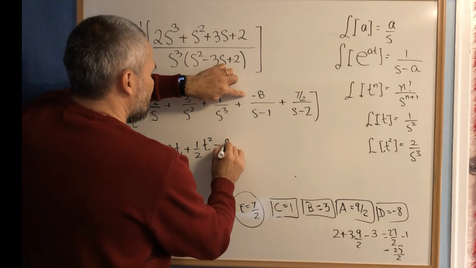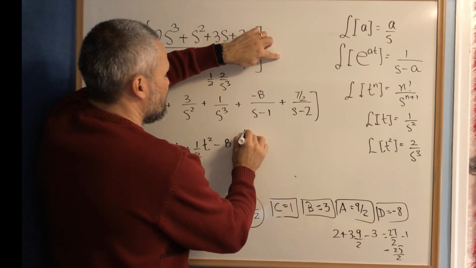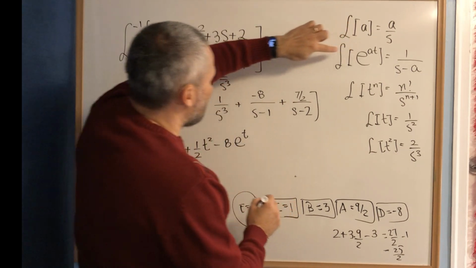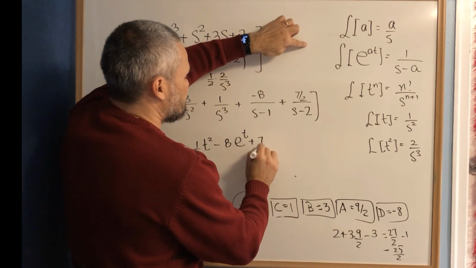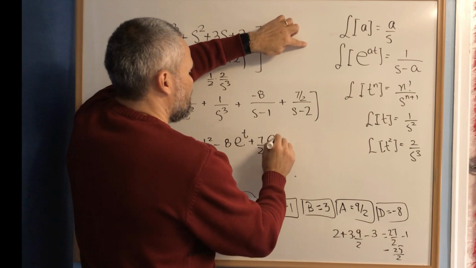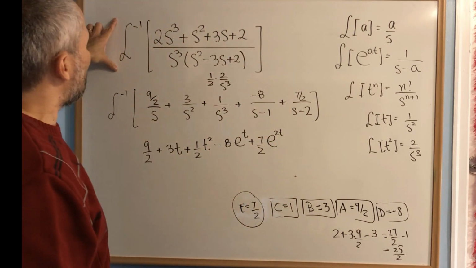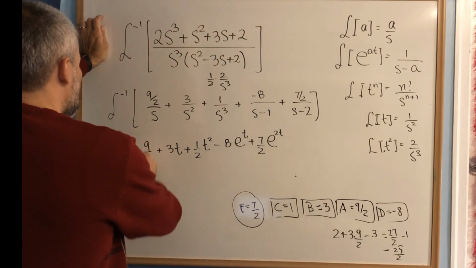Minus 8, and this is the Laplace transform of e to the t, right? And we are going to use this formula again, it will be plus 7/2 e to the 2t. Then the answer, the Laplace transform inverse of this function, is this function here.